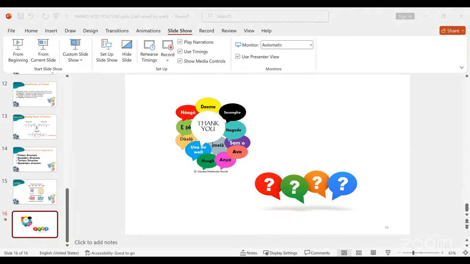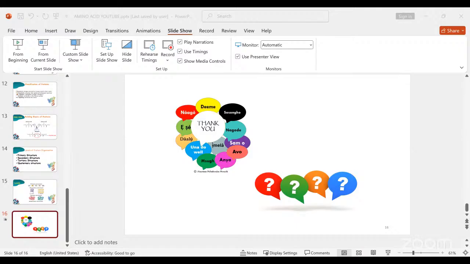Okay, you asked me to explain the building blocks of protein. The building blocks of protein are the amino acids. For example, if you have alanine attached to glutamic acid, it becomes two amino acids linked together by a peptide bond.